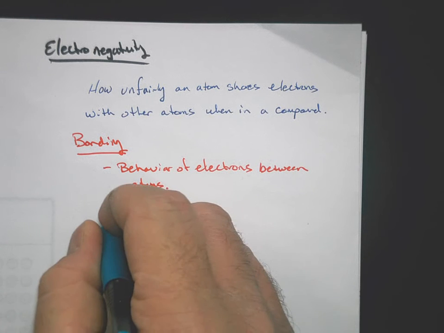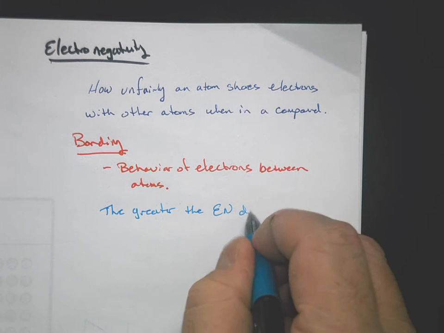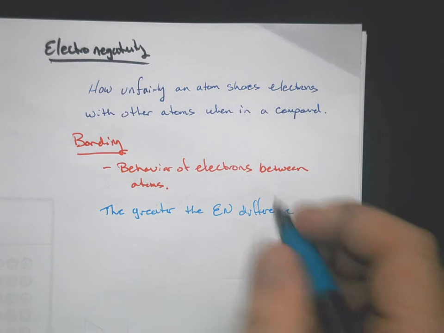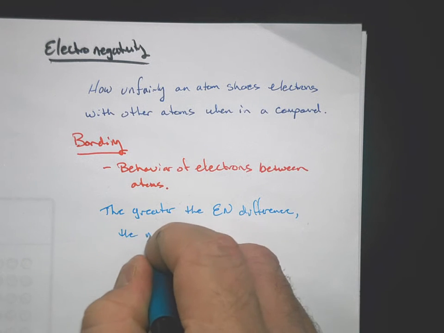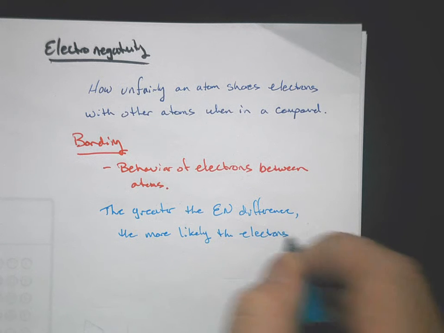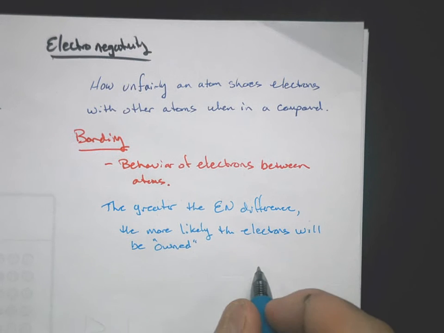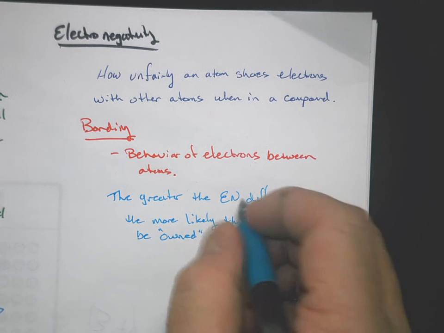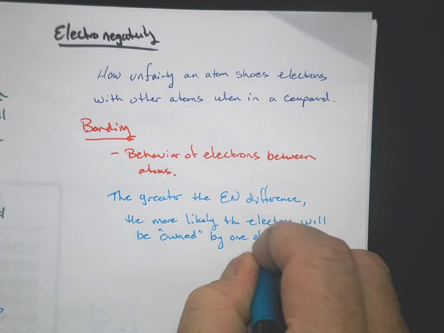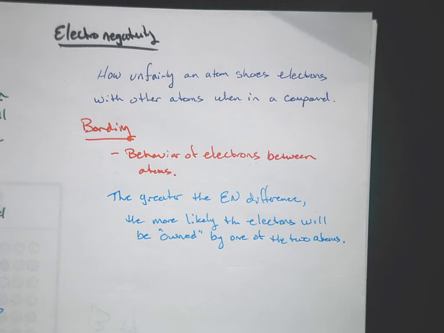And the greater the electronegativity difference, the more likely the electrons will be owned by one of the two atoms.